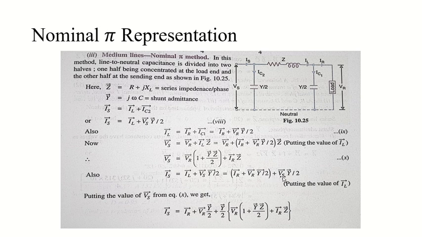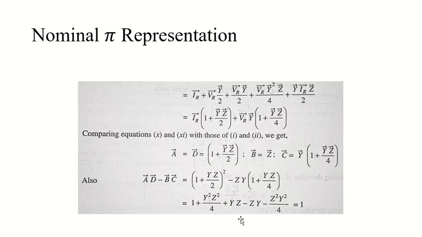Then what did we get? This y by 2 comes out, it gets separate. Then this Vs, what will be the value of Vs? It will be VR into 1 plus yz by 2 plus IR into z. So here you see VR into 1 plus yz by 2 plus IR into z.